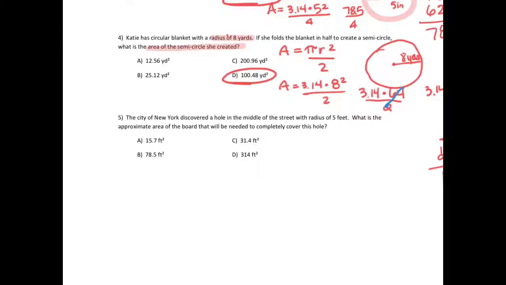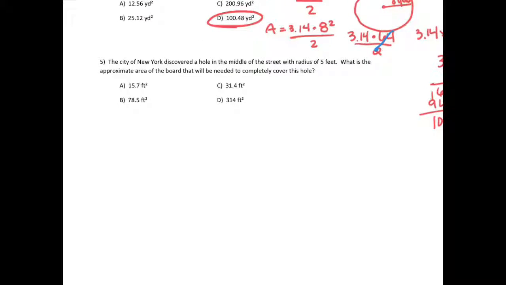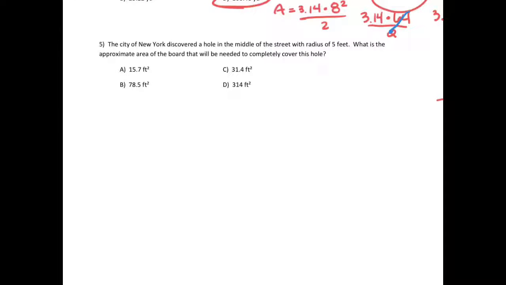Number 5, the city of New York discovered a hole in the middle of the street with a radius of 5 feet. What is the approximate area of the board that will need to cover this hole? So a radius of 5 feet, and we're covering the area. So I'm going to go ahead and draw that. Okay, now I'm going to solve it. Area equals pi r squared. It's a full circle. So we're just going to do 3.14, and our radius is 5 squared.